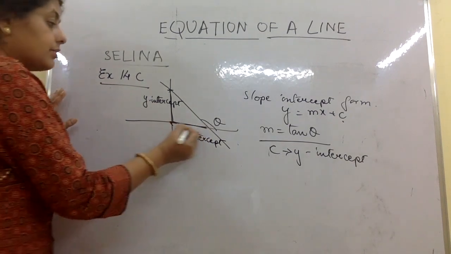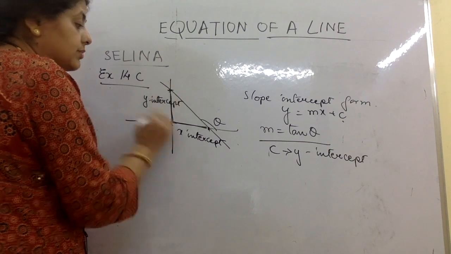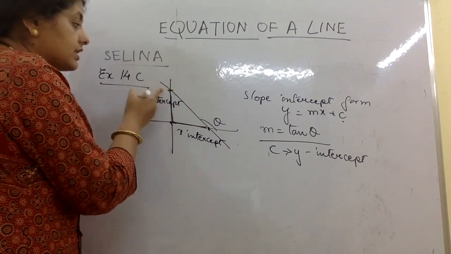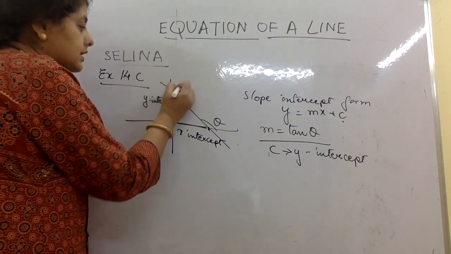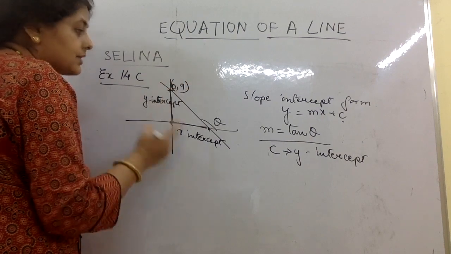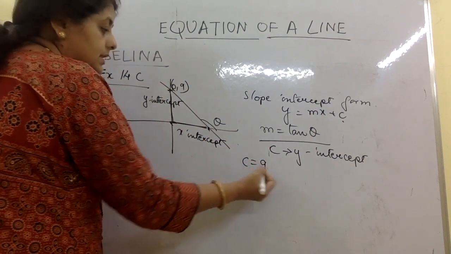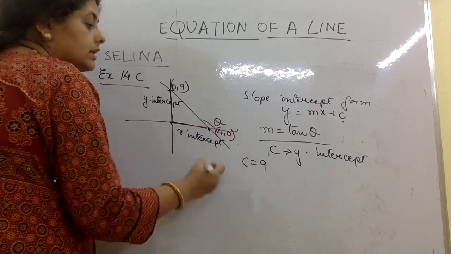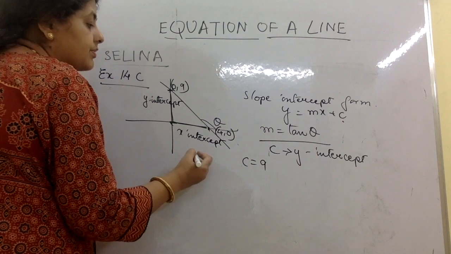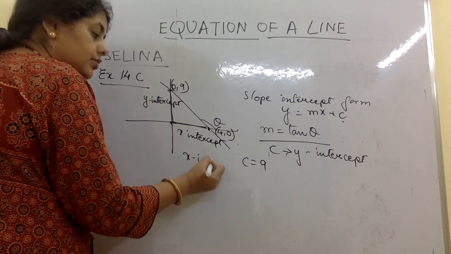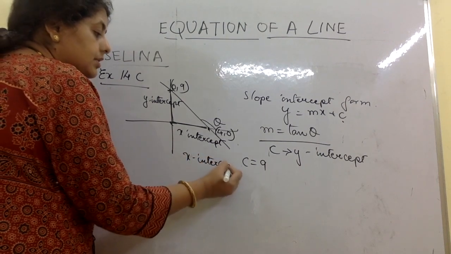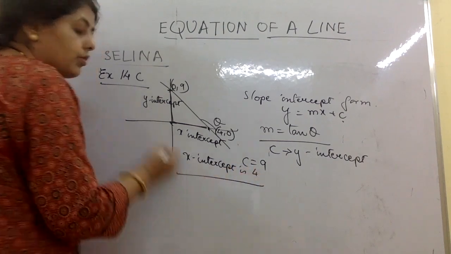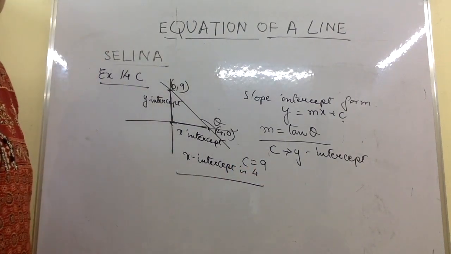So here to here becomes the x intercept, here to here becomes the y intercept. If this point is, let's say, (0, 9), then the y intercept, that is the value of c, becomes 9. If this point is (4, 0), then the x intercept, we don't have a letter to write it, is 4.